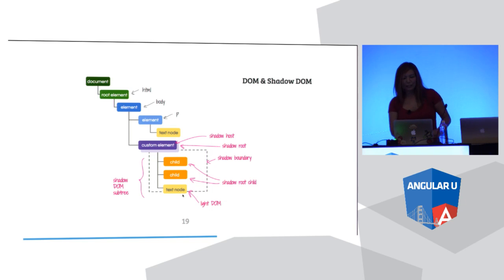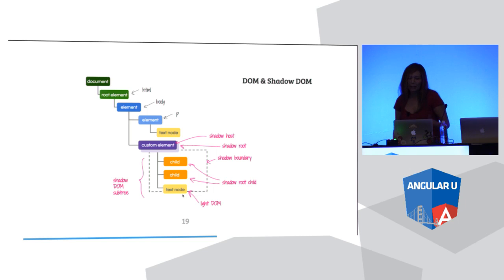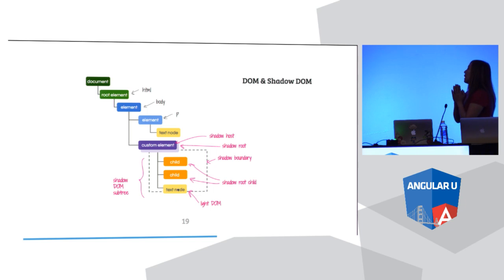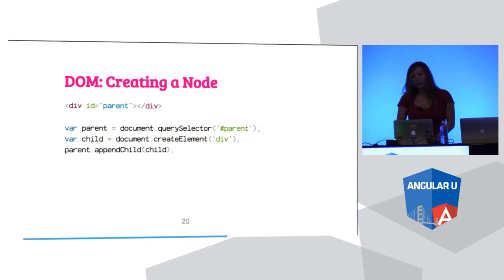It's really difficult to create a good diagram because the text node is really exposed to the end user, so not really super private. But anyway, it's light DOM as well. I know it's kind of confusing, but once I show this JavaScript code, I think you can understand better.